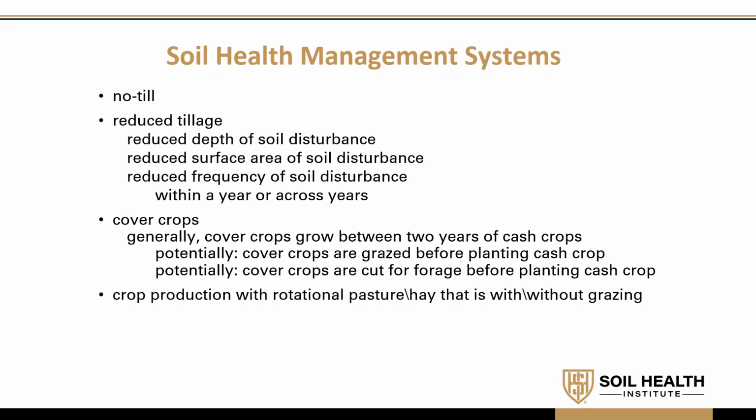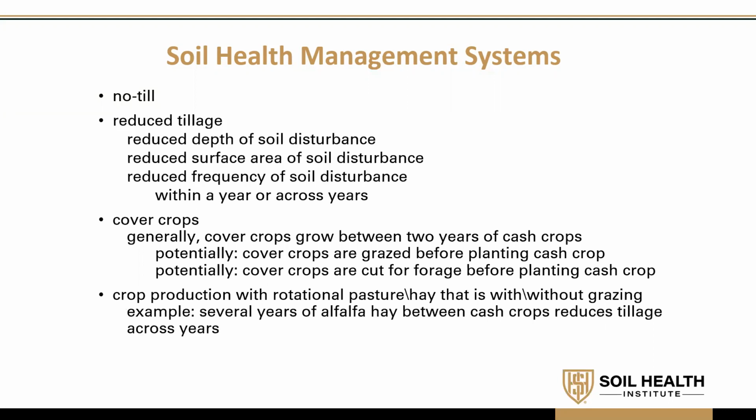Another type of soil health management system is crop production with either rotational pasture or hay, that is either with or without grazing. An example of this would be having several years of alfalfa hay between cash crops reduces tillage across years.